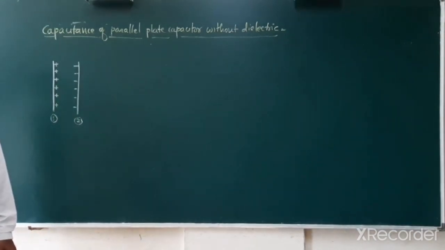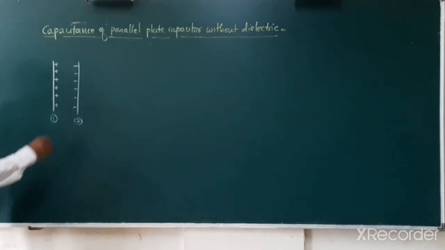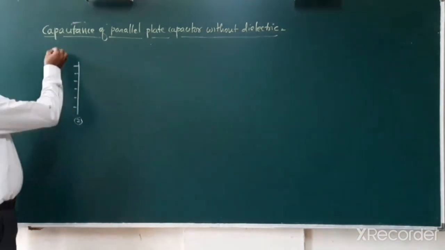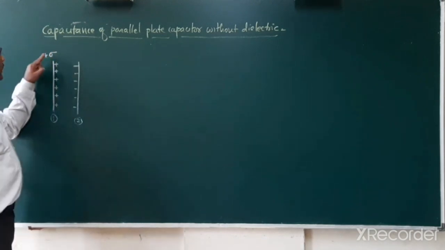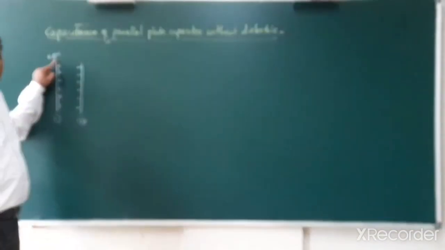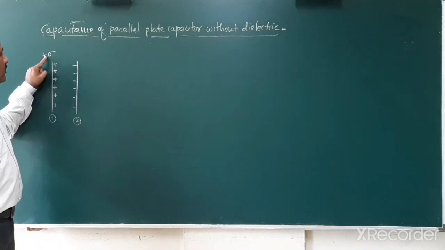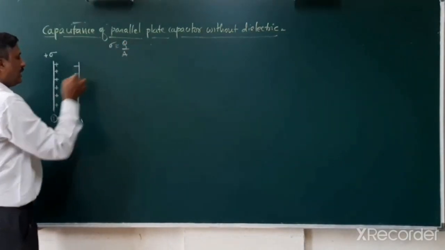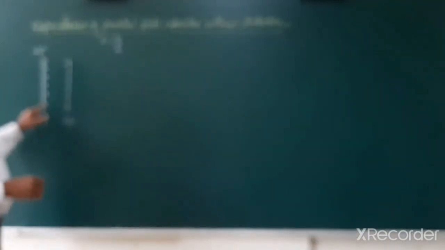Therefore, the charge per unit area of the first plate is sigma. Because the charge is positive, the surface charge density is also positive, because sigma is nothing but Q divided by area. Let A be the area of each plate, and both plates are identical.